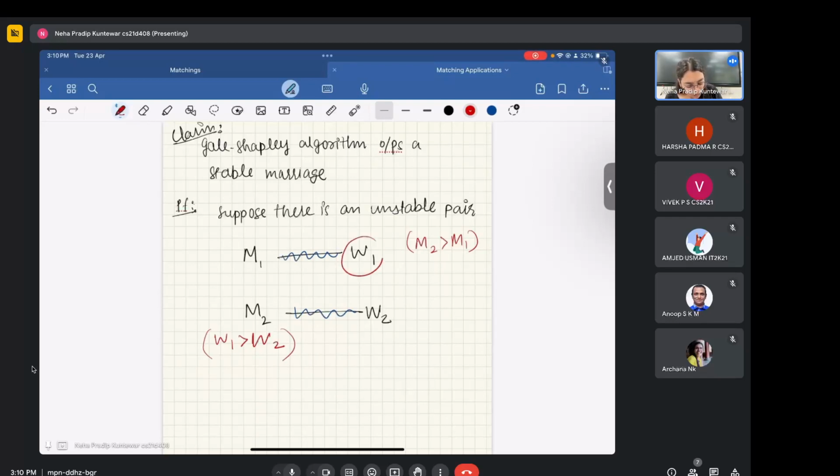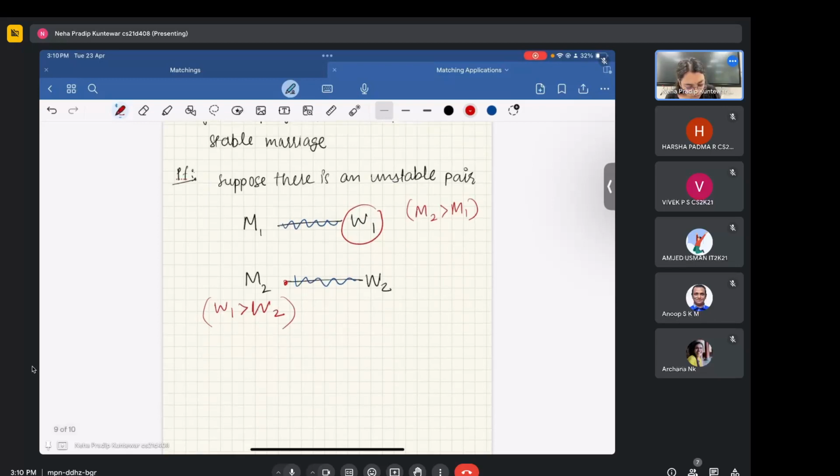So m2 is the one who is going to propose. In this list, w1 comes up before w2. So before ever proposing to w2, m2 must have proposed to w1.